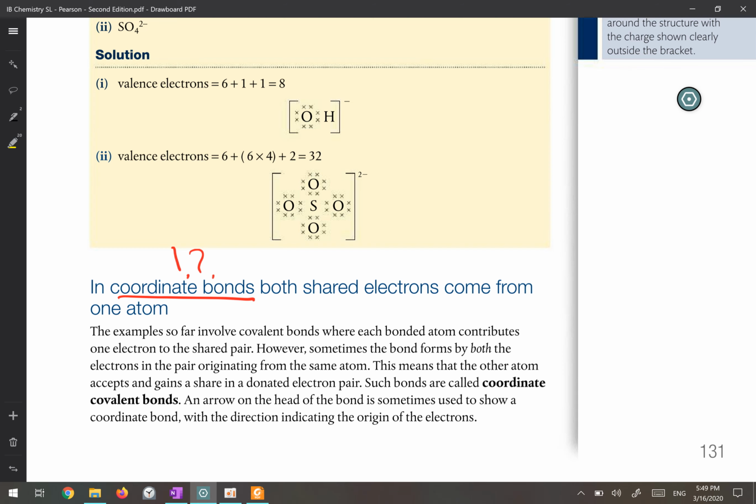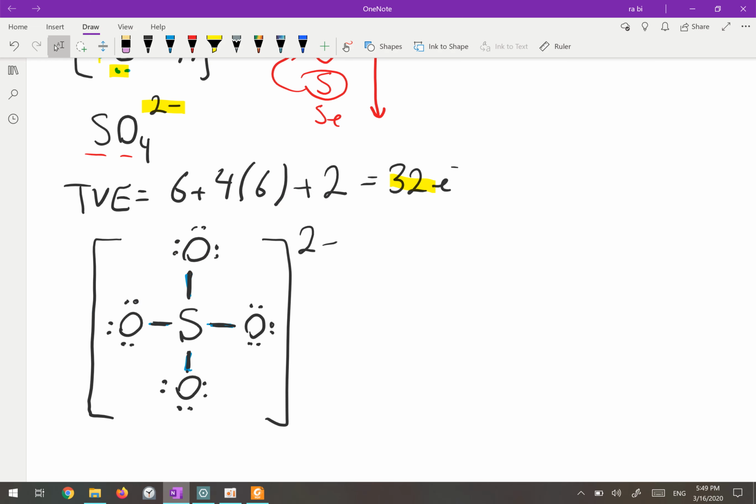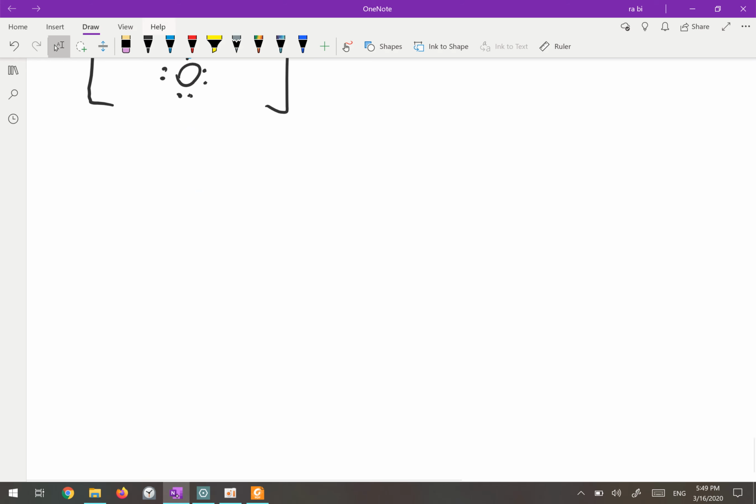Let's answer the question about the coordinate bond with one example. I want to draw the Lewis structure for ammonium, NH4 plus. So let's find the total valence electrons for that.